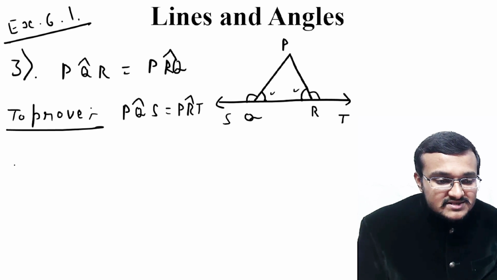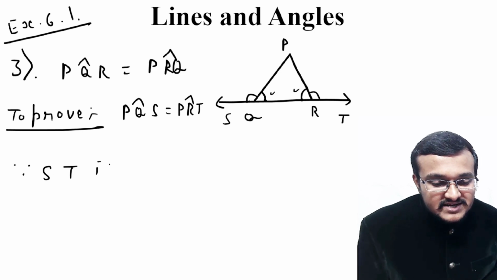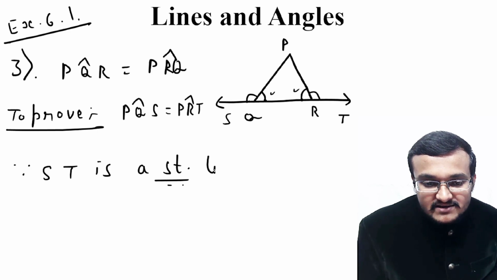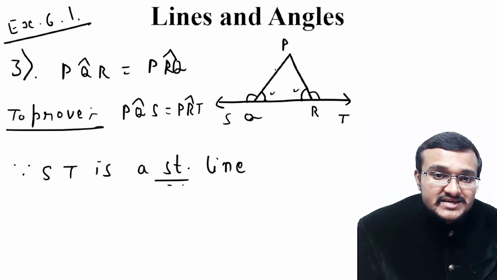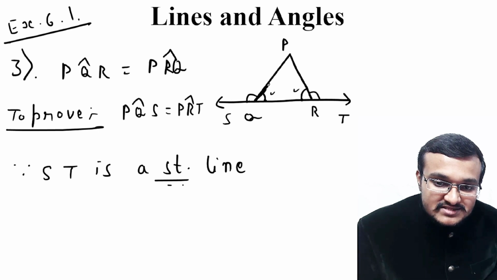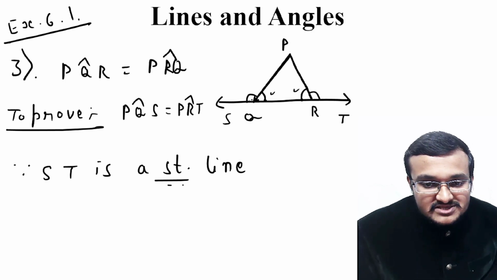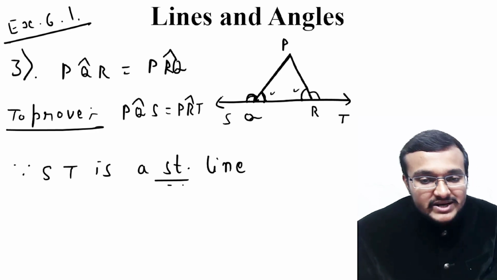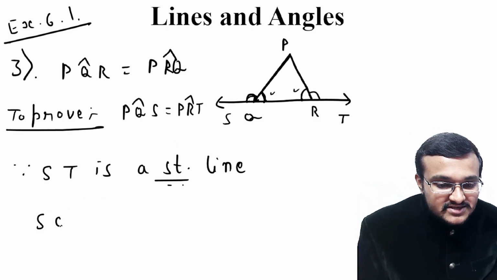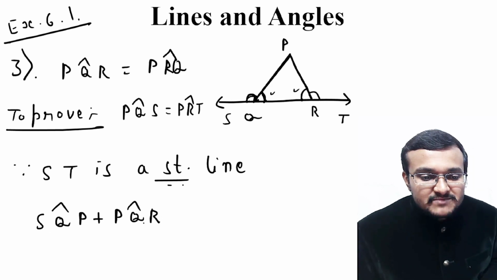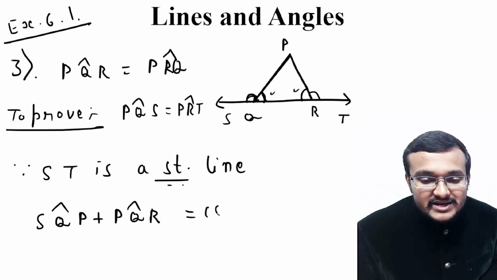Since ST is a straight line and QP is sitting on this ST, you can see this line of the triangle, QP, is sitting on ST. So this angle plus this angle should be equal to 180 degrees. That is, SQP plus PQR should be equal to 180 degrees.